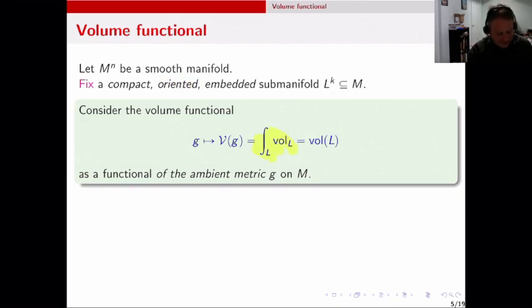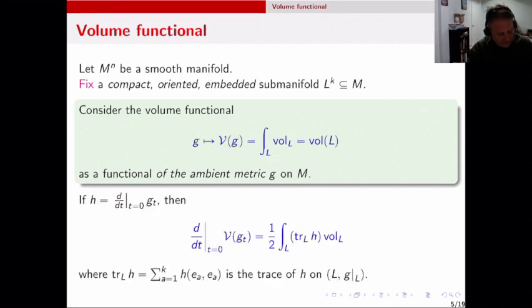So I can integrate that volume form, and I get the volume of the submanifold with respect to the metric induced from g. This is very different from the usual construction of minimal submanifolds by looking at the volume functional where the thing that's varying is the immersion, the map from L into M. We're fixing this embedding of L into M, and we're varying the metric upstairs. That's the volume functional with a different input.